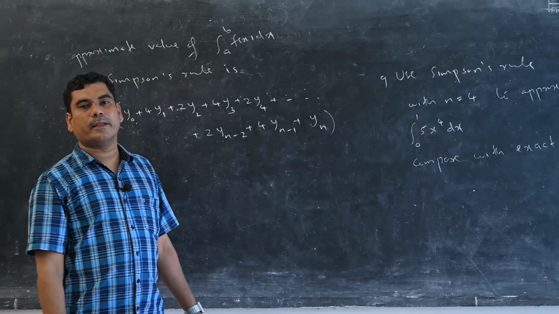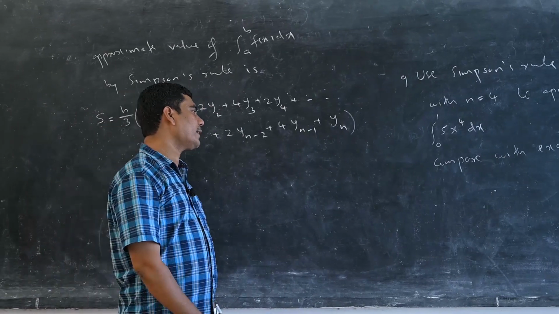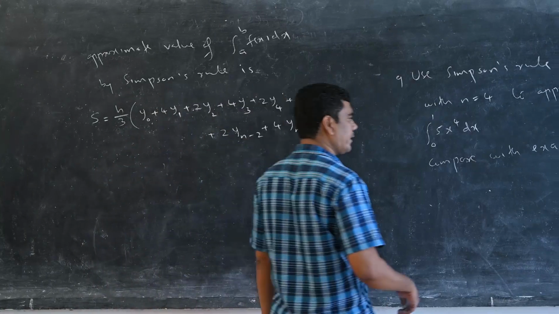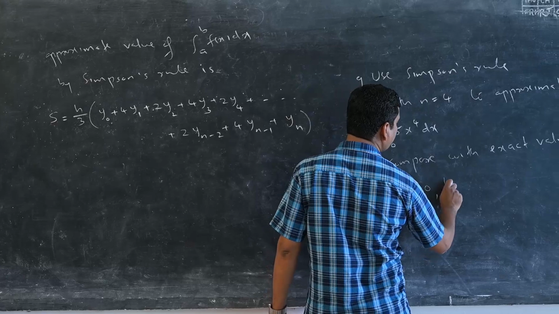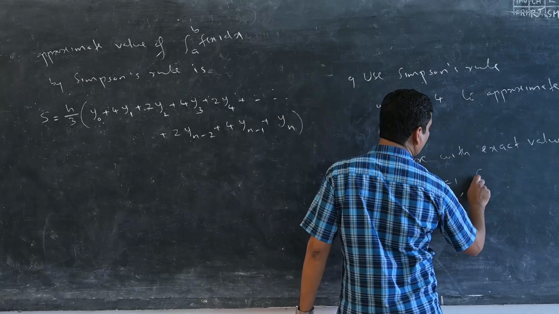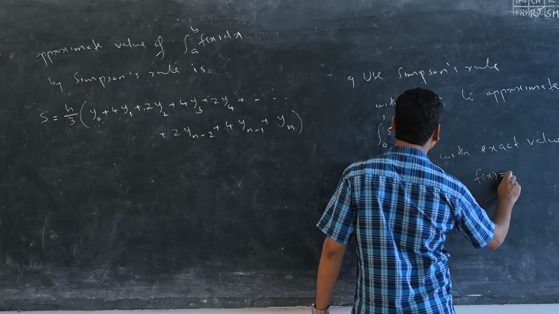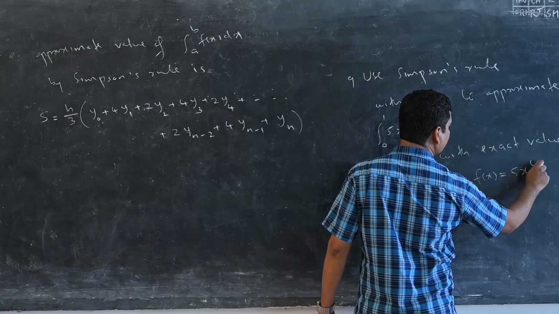So here the integral a to b f of x dx is the integral 0 to 1 of 5x raised to 4 dx. So a is equal to 0, b is equal to 1, and f of x is equal to y of x is equal to 5x raised to 4.